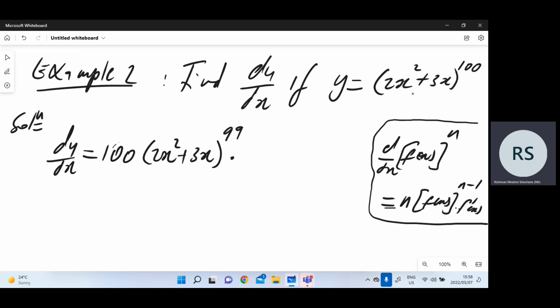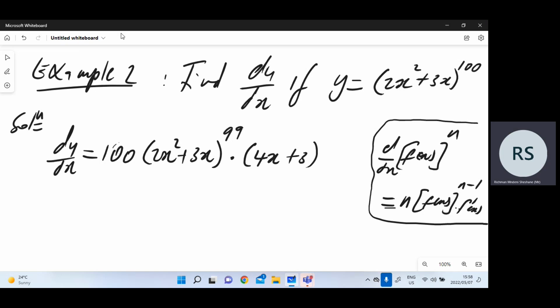So times the derivative of the inner function. Remember, when you multiply by the derivative of the inner function, you put it in brackets. So the derivative of what is inside is 4x plus 3. Okay. So this is the derivative of this function. You see, we didn't have to open the bracket 100 times, so the formula makes our life easier by just following this chain rule, okay?